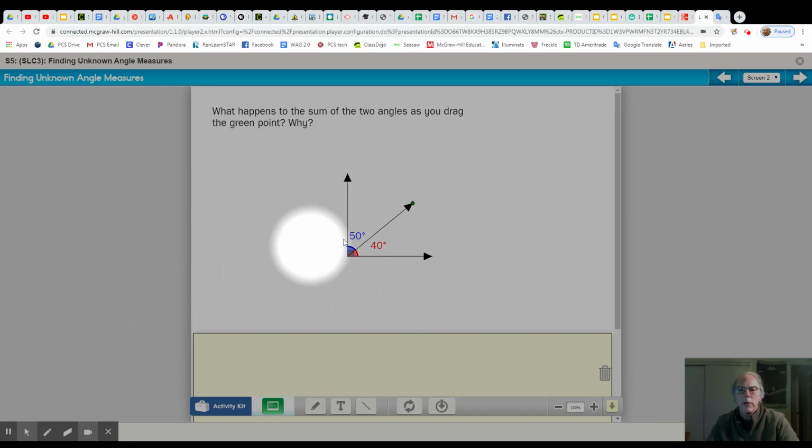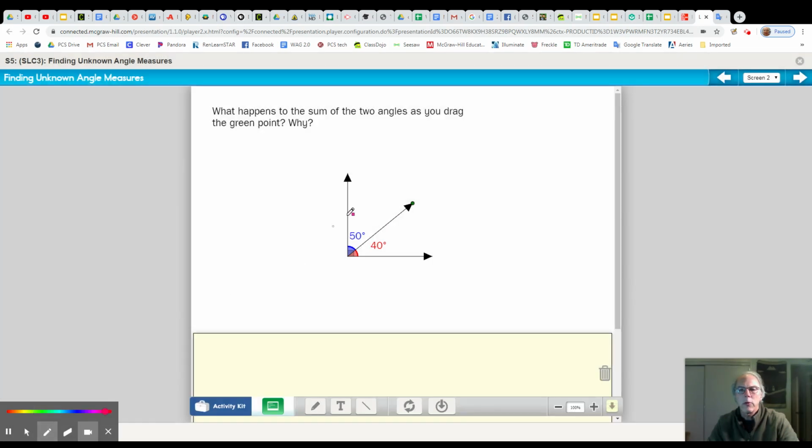I don't know if you can see it there, but there's a little square there. That little square means it's a right angle. How many degrees in a right angle? 90 degrees. 50 degrees plus 40 degrees equals 90.